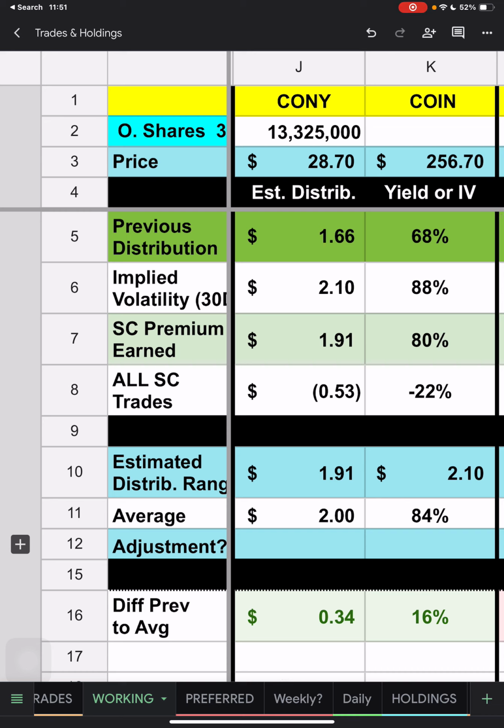Now, it's doing the average between the two, which is $2, and that puts us at an 84% yield. And that sounds about right. I'd probably look at the $1.91 because it's actually what's showing as the premium earned.